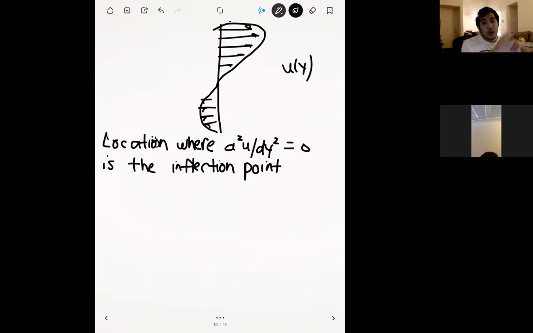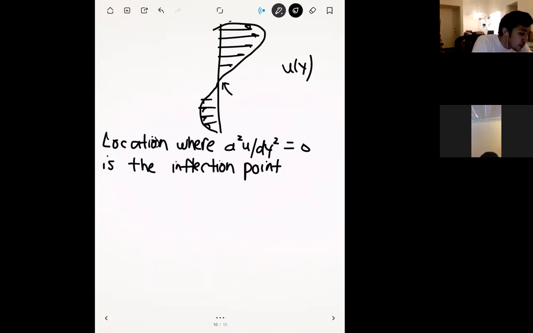Okay. So say we have a velocity distribution that looks like this. On the bottom half of the domain, the velocity is going from right to left, and then on the top half of the domain, the velocity is going from left to right. Okay? So in the middle here, you have this change of direction.